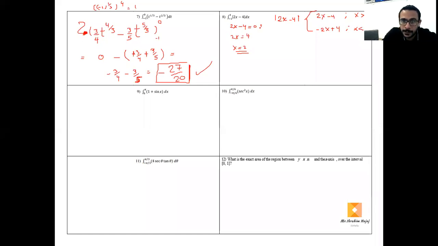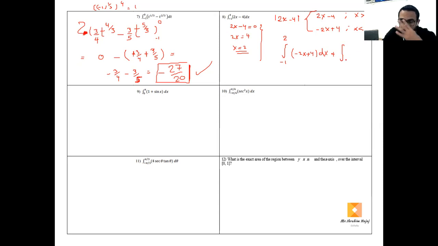Now I have two parts: the values less than 2 and the values greater than 2, before and after. So from negative 1 to 2 we take the function to the left of 2, the negative one: the integral of negative 2x plus 4 dx, and then plus the other part.